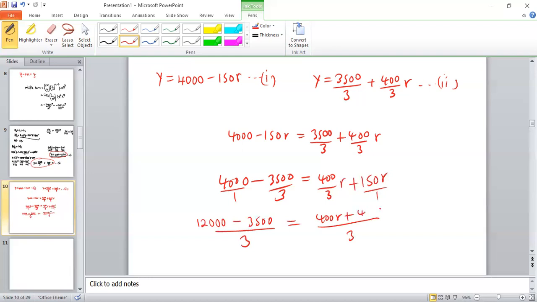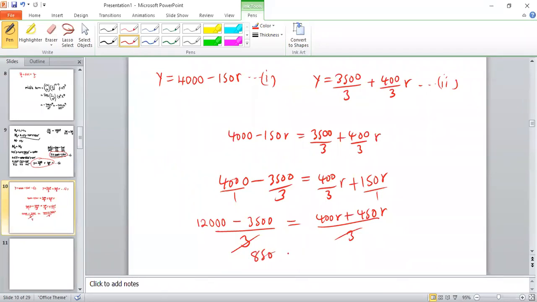That's 450 hara. The 3 and the 3 cancel. 12,000 minus 35. What is 12,000 minus 35? 85.